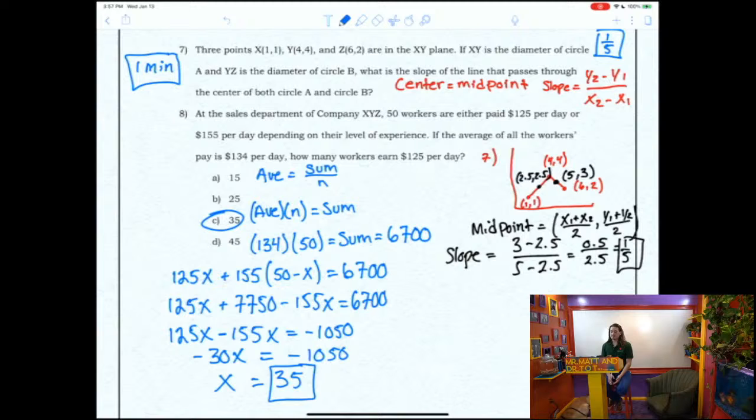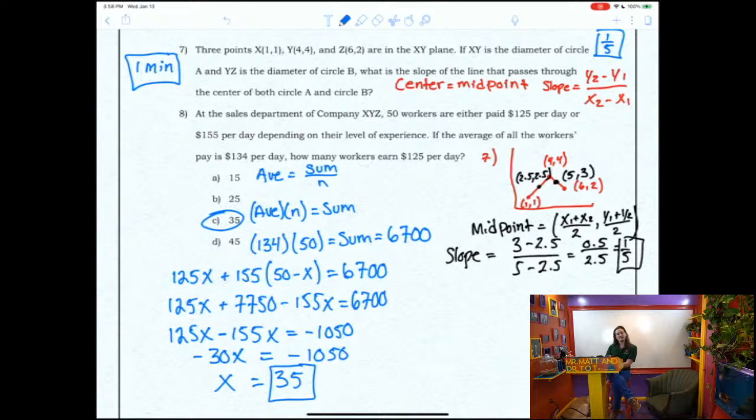But the problem is that we only have enough information to write one equation, right? We only have enough information about the sum of these 2 different types of workers. We know that the $125 salaried workers plus the $155 salaried workers equal a total of $6,700 per day. But we can't write any other equation relevant to these 2 unknowns, and there are 2 unknowns.